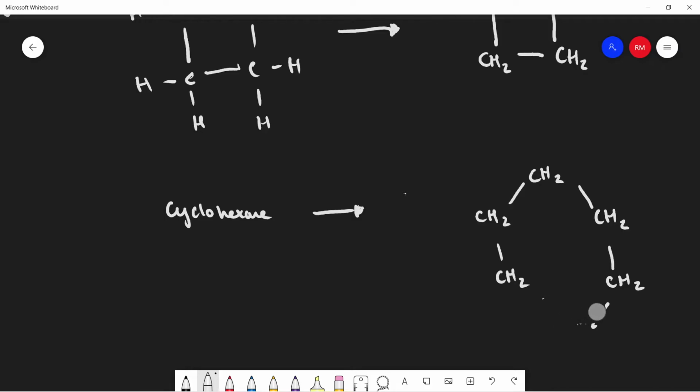I did make it a little bit wonky. There we go, it looks a little bit better. So you can see here we've still got our hexagon shape with 6 bonds. However, it's just the carbon hydrogen that have been condensed, like this.